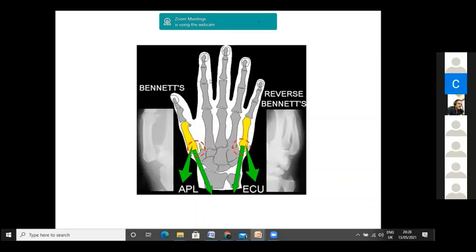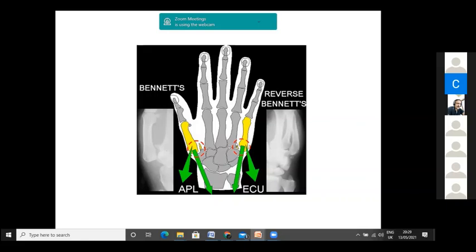So this is a Bennett. The deforming force is abductor pollicis longus, and this is reverse Bennett. The deforming force is extensor carpi ulnaris. So both need to be fixed because this deforming force has to be counteracted.